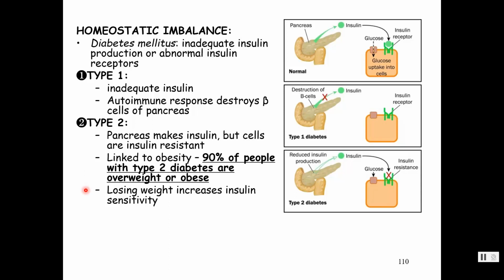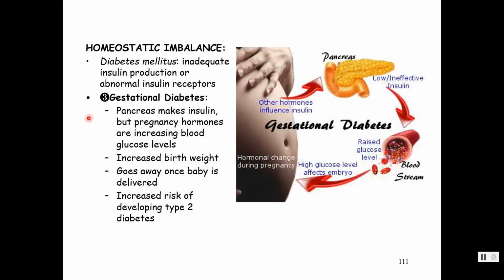So it's sort of reversible to a point. And so type 2 diabetes, their pancreas works, they are insulin resistant. Type 1 diabetes, pancreas doesn't work, nothing wrong with the insulin receptors, but those beta cells have been destroyed by autoimmune response.